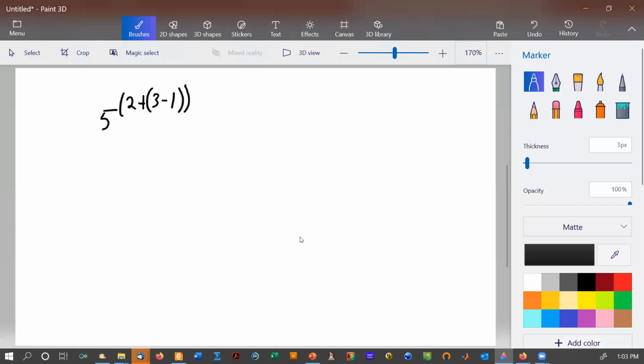Okay, right? You want to do everything in the exponent first before you do the exponentiation, right? So 3 minus 1 is 2. So this would be 5 to the 2 plus 2, or 5 to the 4th, which is 25 times 25, which is 625. I believe that's 5 to the 4th.